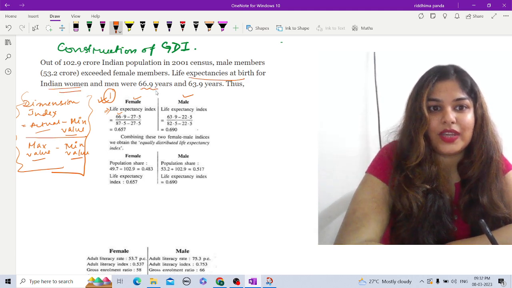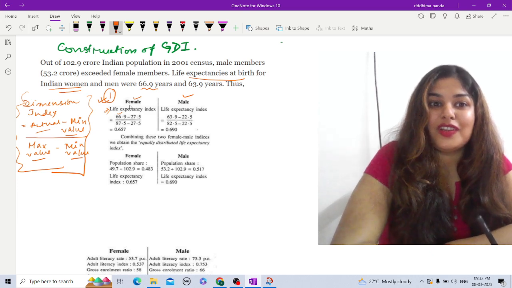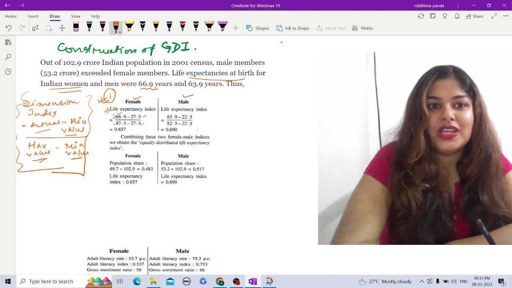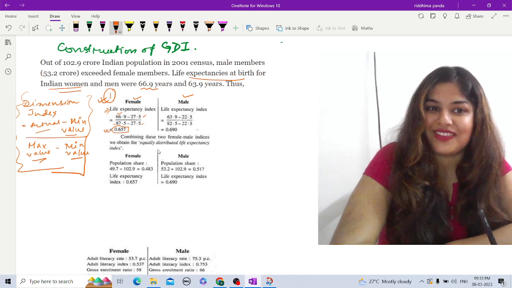Minus whatever the minimum value is for this country, that is 27.5, divided by the expected maximum value 87.5, minus again the minimum. After calculating, we have got our life expectancy index for females, that is 0.657.